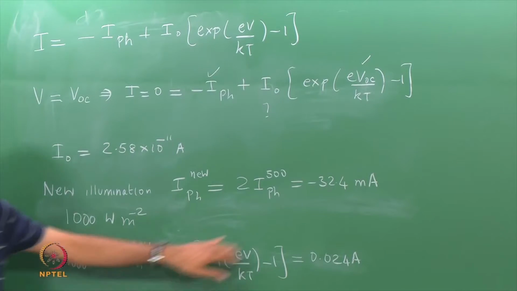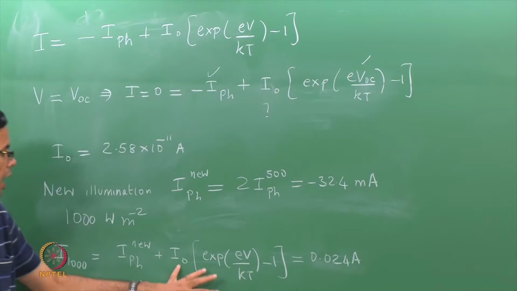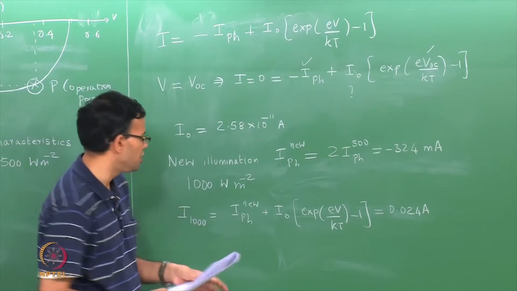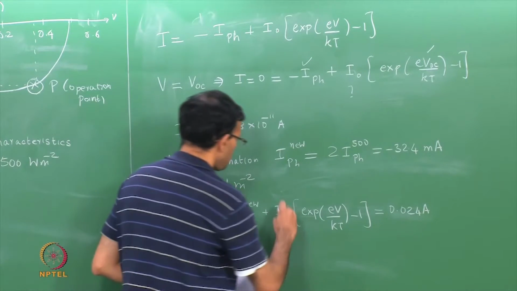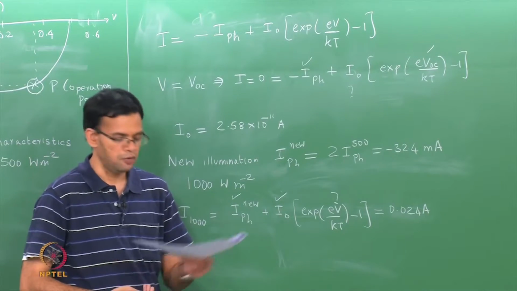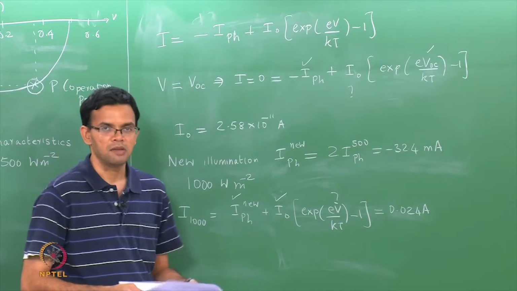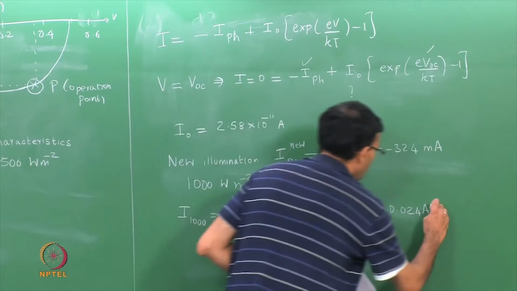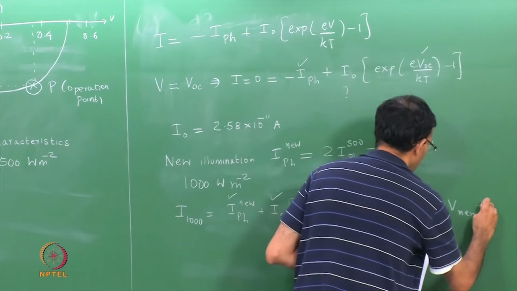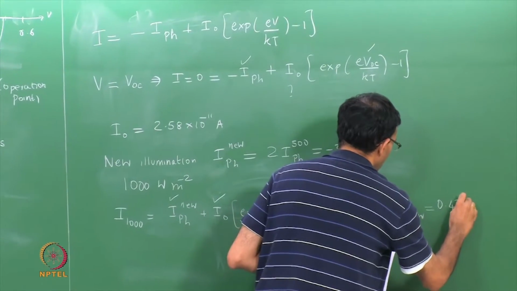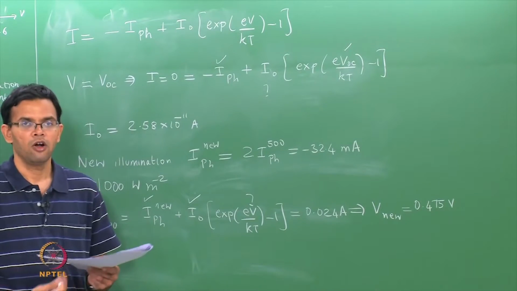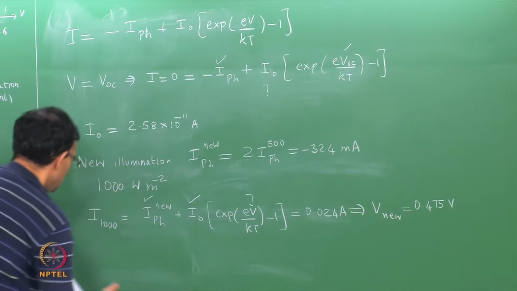IPH nu we have just calculated, I naught we calculated from the data for 500 watts per meter square. So, this is known, this is known, the only unknown is the new operating voltage. So, we can make the substitutions so that the new voltage V nu is equal to 0.475 volts.